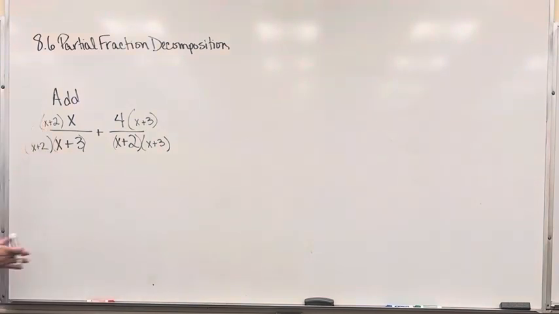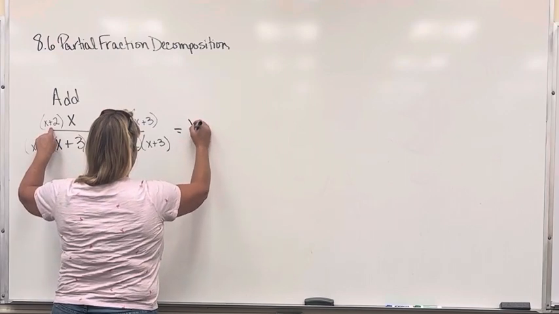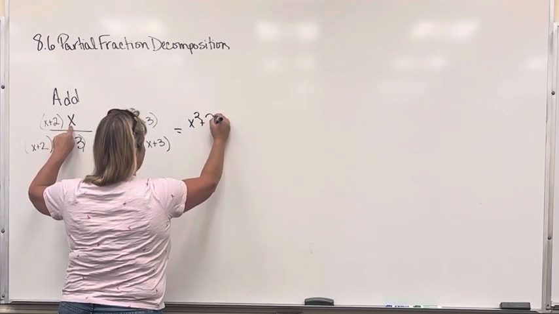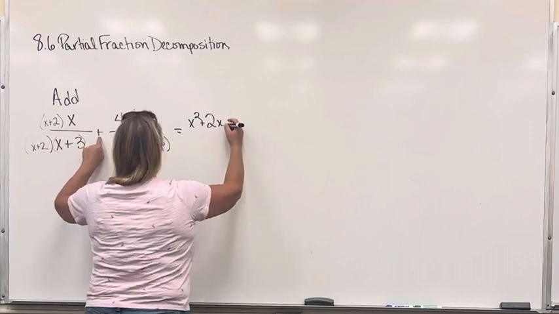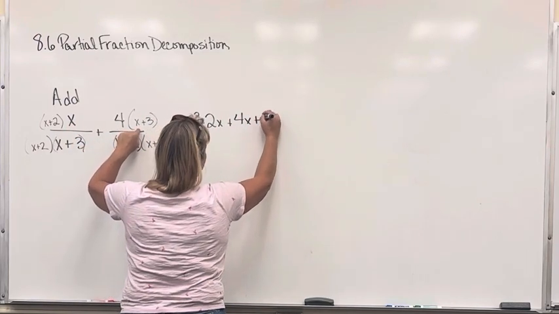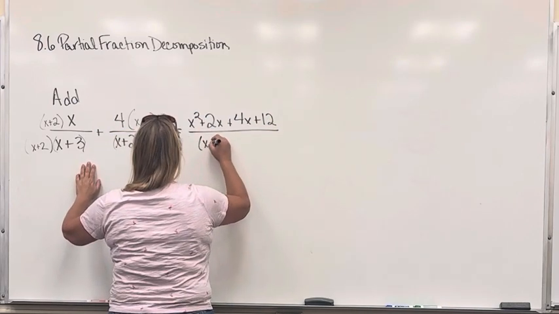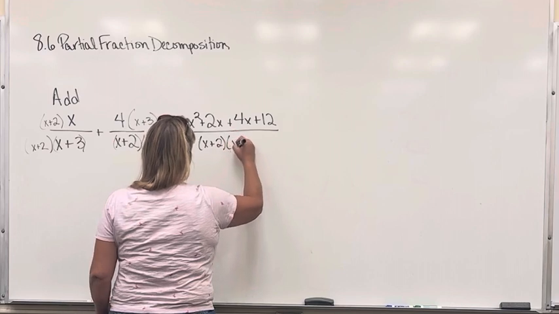Common denominator, okay? So now we can work this through and say that we have x squared plus 2x plus 4x plus 12. And that will all be over x plus 2 over x plus 3.